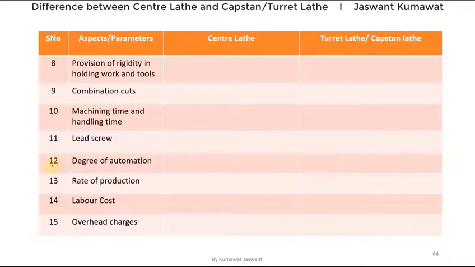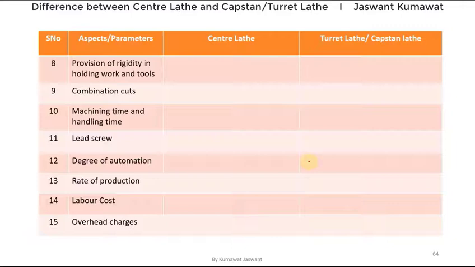Now 12th difference is based on degree of automation. As we have seen in the starting of this chapter, conventional lathe or center lathe does not have any automation. So there is no automation in center lathe. But the turret lathe or capstan lathe, being a semi-automatic lathe, has automation.